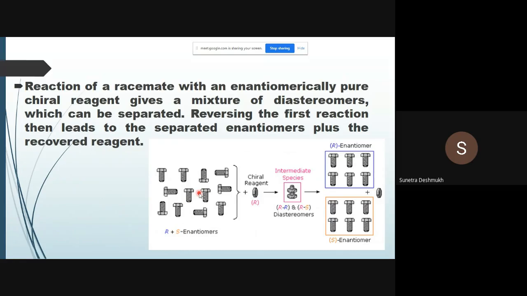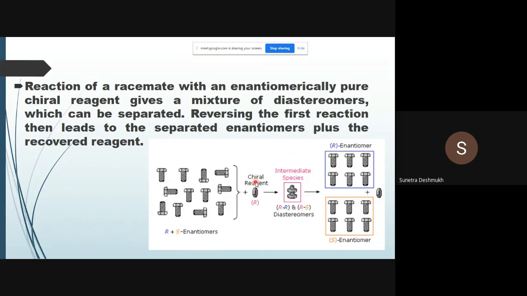To separate them, we can use a chiral reagent, which is nothing but a resolving agent.